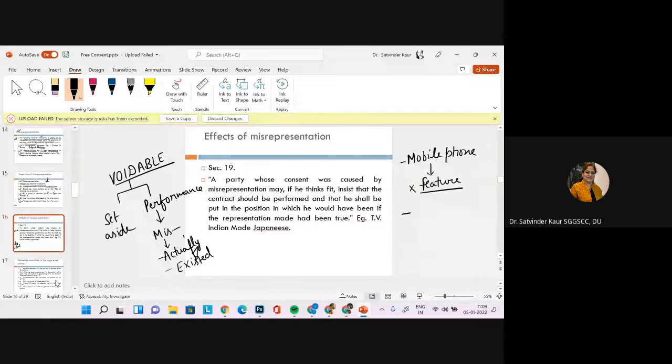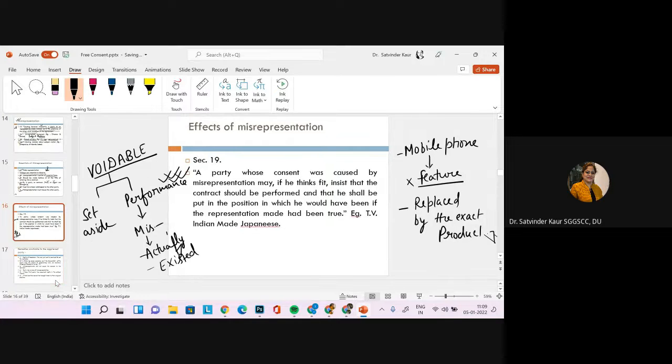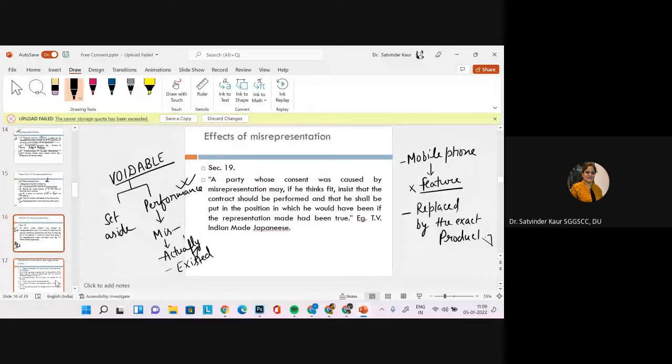So before taking it, you ensure that it is replaced by the exact product which was represented by the other party. So in this situation, when you insist upon performance, you insist on the basis that if the misrepresentation made had been true, then that particular thing would have been entered into. So on that basis, you can enter into the contract.